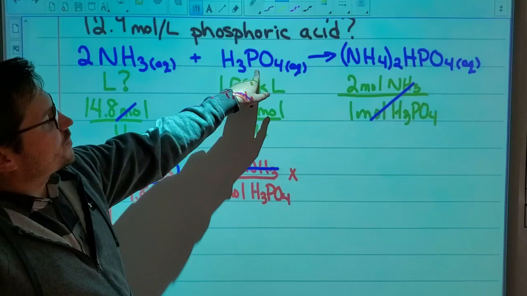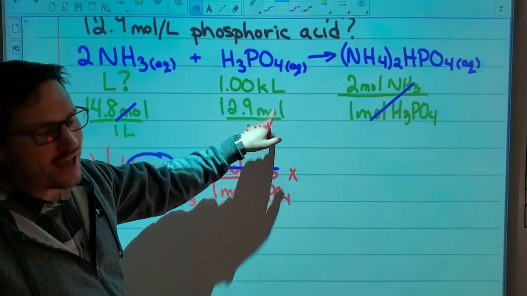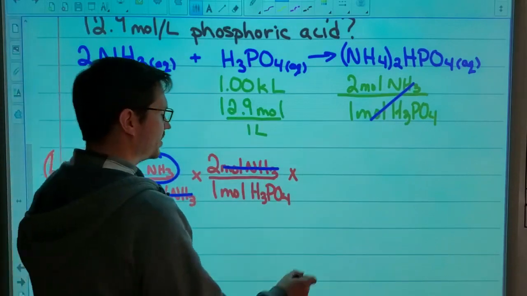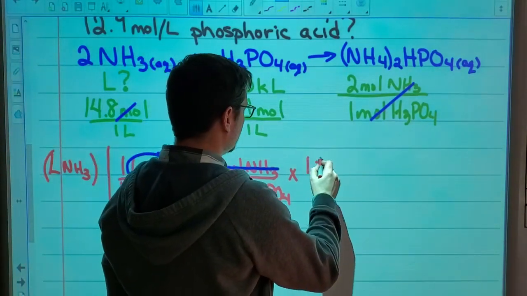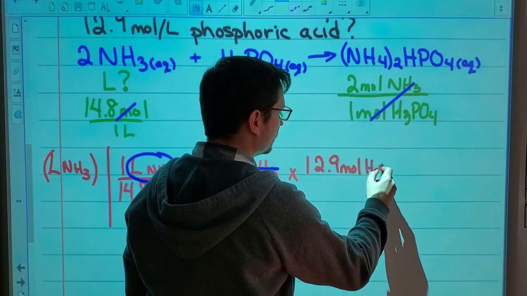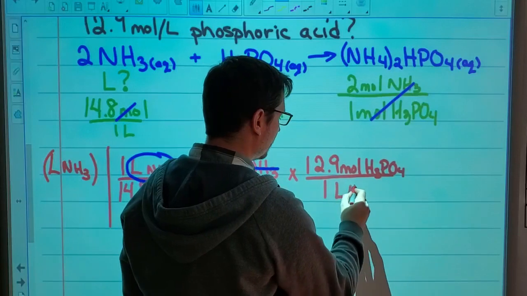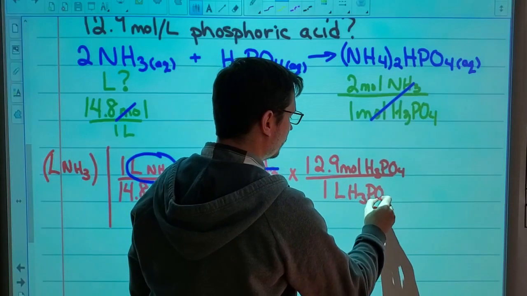So I'm going to look under H3PO4 and I want moles gone, so I'm going to use the concentration of the H3PO4. So 12.9 moles of H3PO4 for every 1 liter of H3PO4.